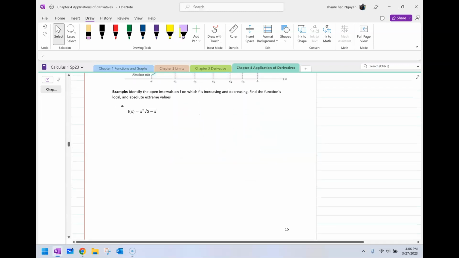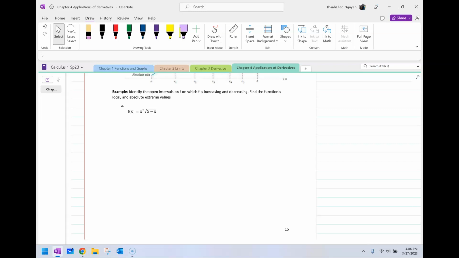Identify the open intervals on which f is increasing and decreasing, and find the function's local and absolute extreme values. First, we need to take a look at the domain of this function. In order for this function to be defined, 5 minus x has to be greater than or equal to 0.